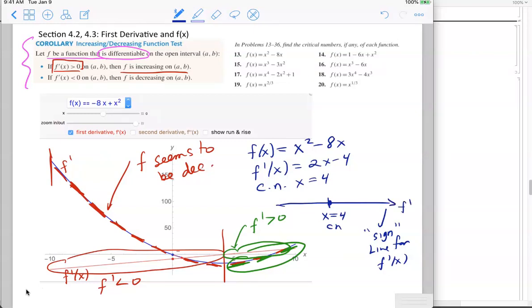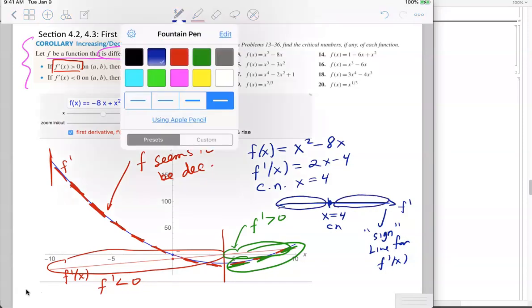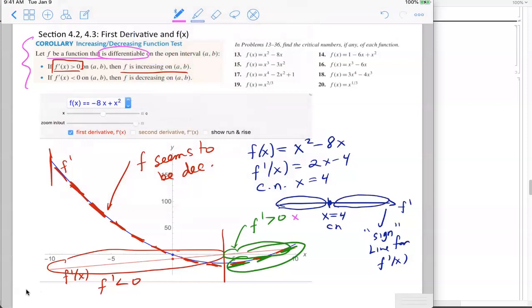This is the f prime sign line. Then you put numbers to the left and to the right of that critical number. Pick a value of x less than 4, maybe 3, or a value of x greater than 4, like 5. Then f prime at 3 is 2 times 3 minus 8.